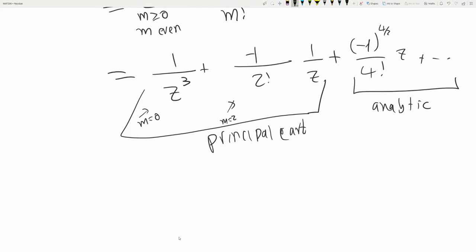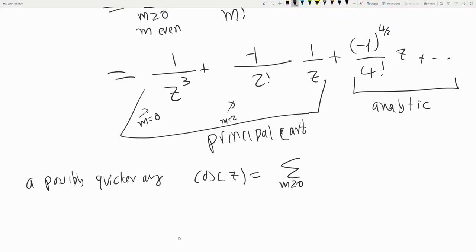I should say that a faster, possibly quicker way, you write down the Taylor expansion for cosine, which is the following.